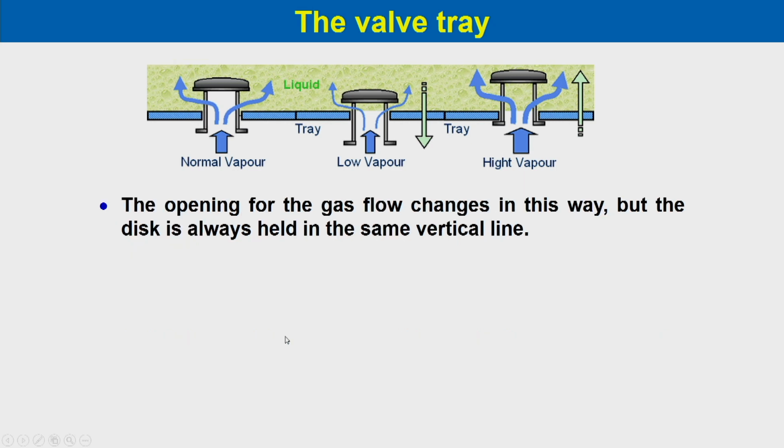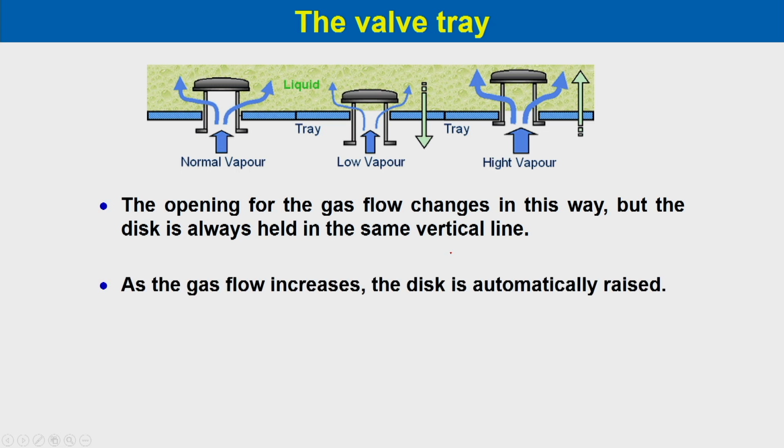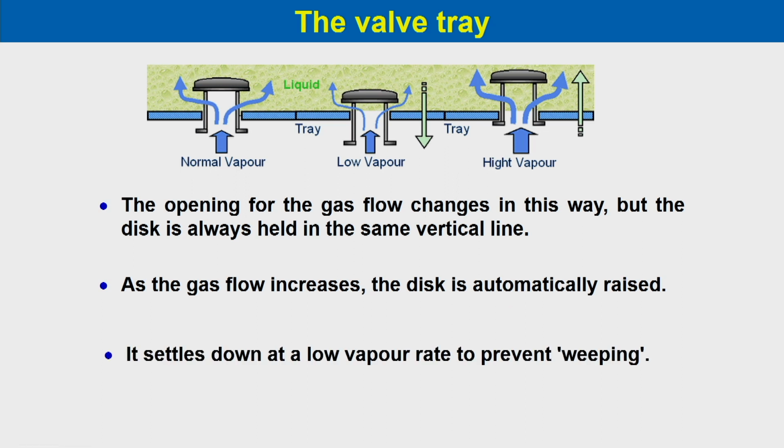The opening for the gas liquid changes in this way, but the disc is always held in the same vertical line. As the gas flow increases, the disc automatically rises. It settles down at low vapor rate to prevent weeping.